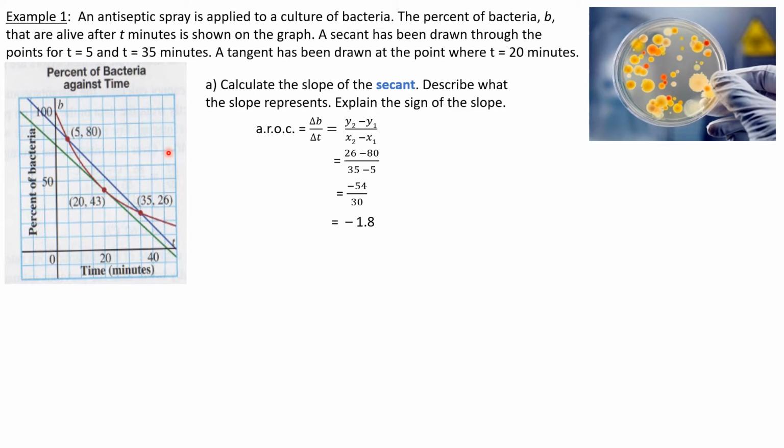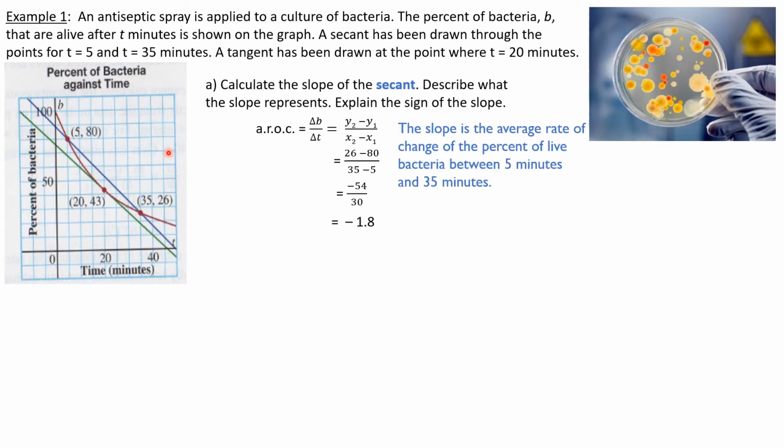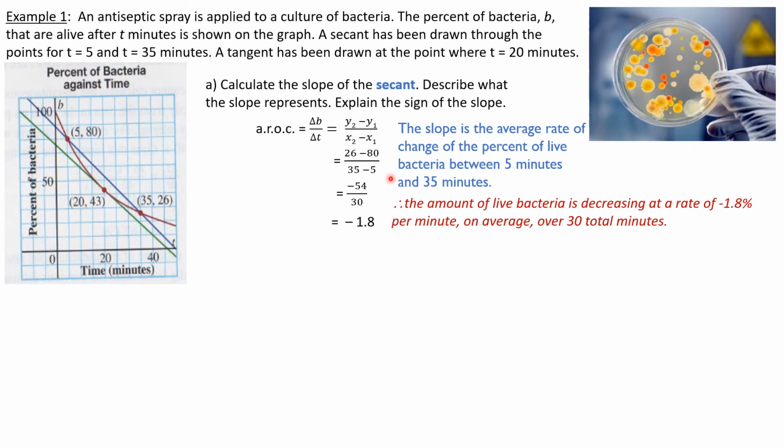That's the same as negative 1.8. So the slope is the average rate of change of the percent of live bacteria between 5 and 35 minutes. So in that time frame between 5 and 35 minutes, on average, this is the rate of change.